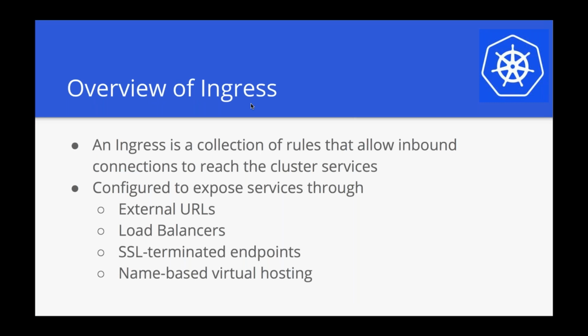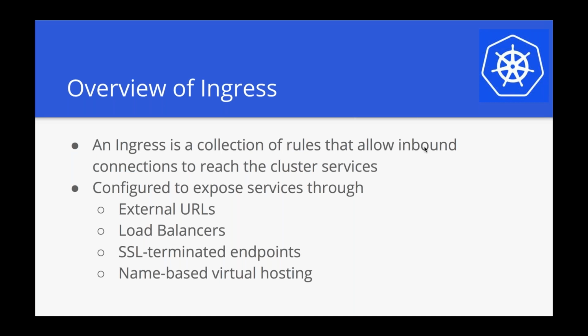To solve this issue, starting with Kubernetes 1.2, the community has started building what is called an Ingress. An Ingress is nothing but a collection of rules that will allow inbound connections to reach the cluster services. What it basically means is Ingress in itself is not a load balancer.